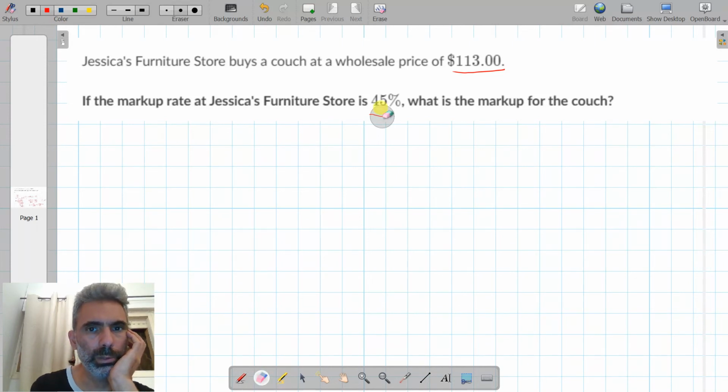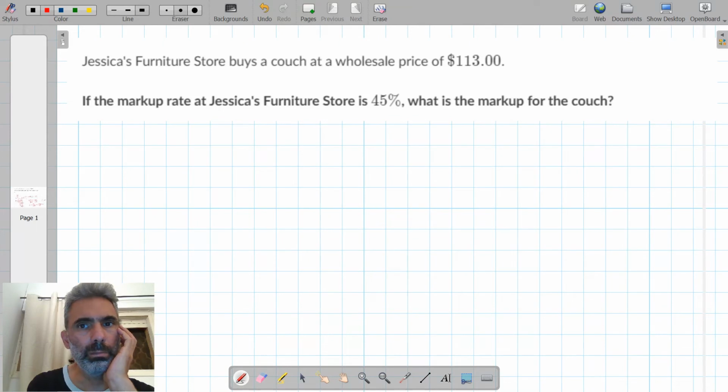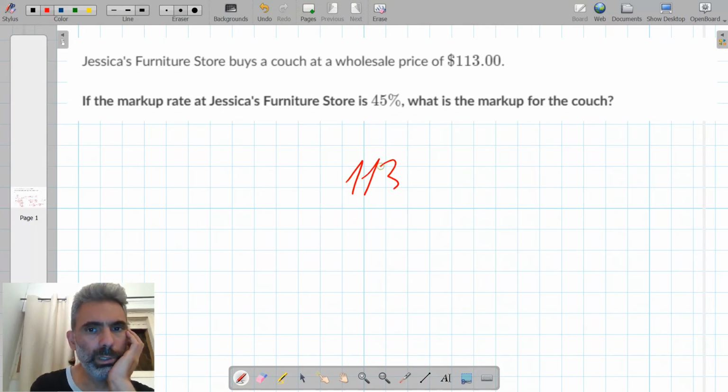But that's not what the question is. The question is, if they buy it wholesale for $113, what is 45% of this? So it's very simple. It's 0.45 times 113.